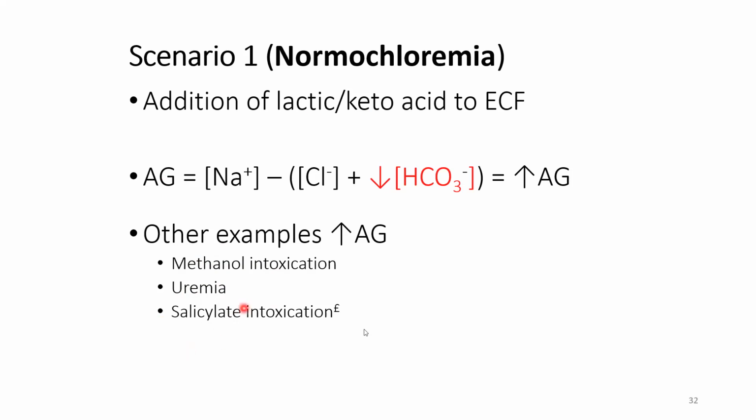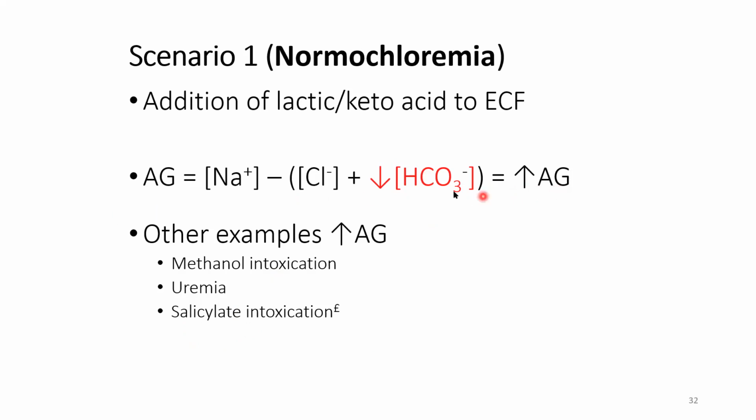Somebody has overdosed on aspirin, so salicylate is the anion which causes acidosis. In all of these examples, the bicarb would naturally go down, because it's metabolic acidosis, which then raises the anion gap.